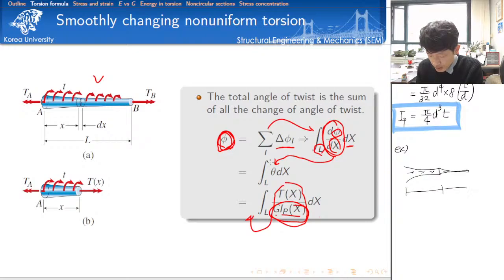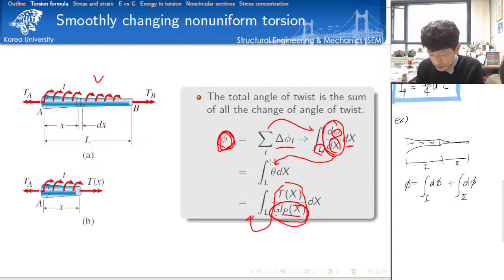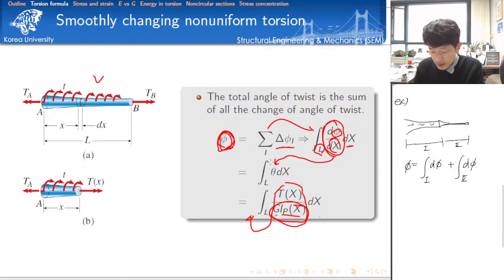This is part 1 and part 2, isn't it? So here, the total angle of twist is the integration of the angle of twist for part 1, and then its integration for part 2. So we have to do this separately. Instead of using one single integral, we need to split the integration into two parts.